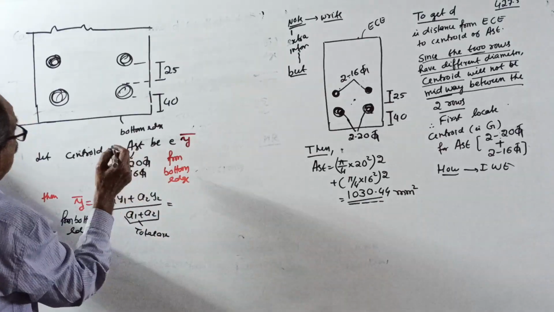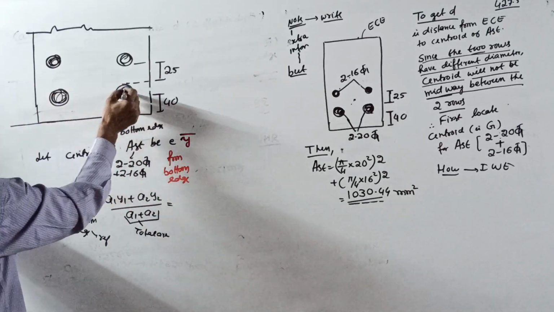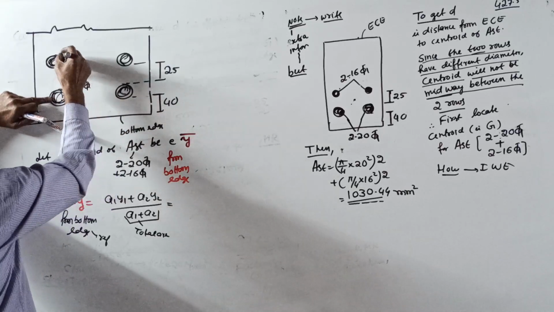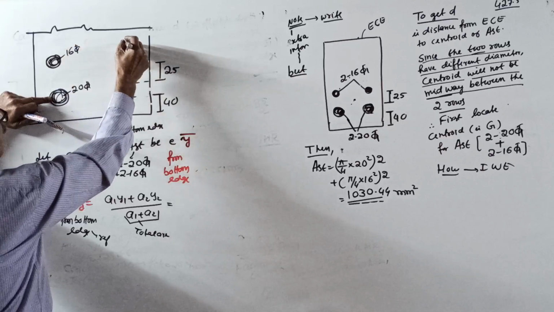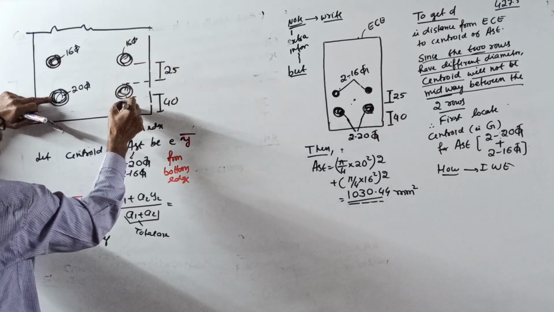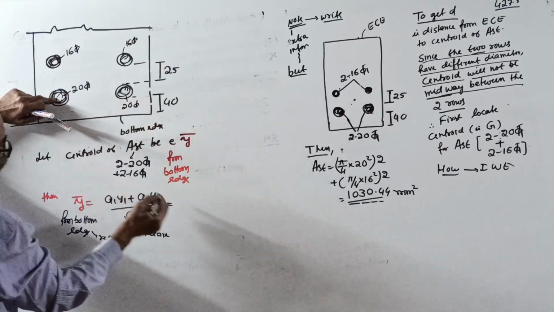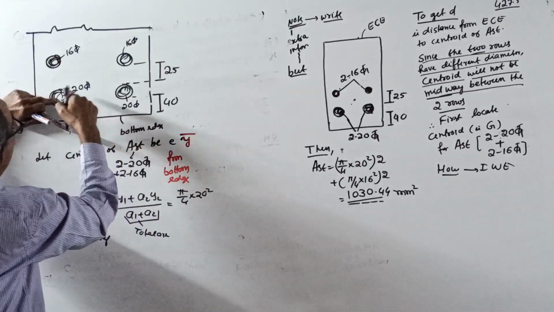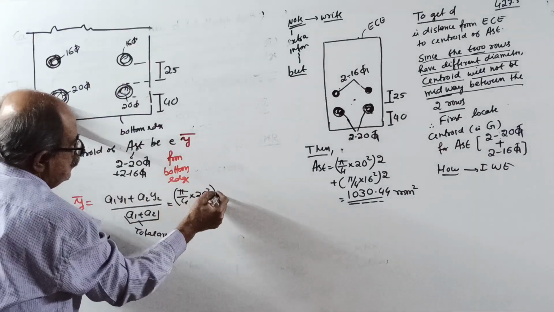Okay. Equal to. Area A1 is these 2 bars. This is 20 torr. This is 16 torr. This is also 16 torr. This is 20 torr. So A1, pi by 4 of 20 square, this area, one more is there, into 2.